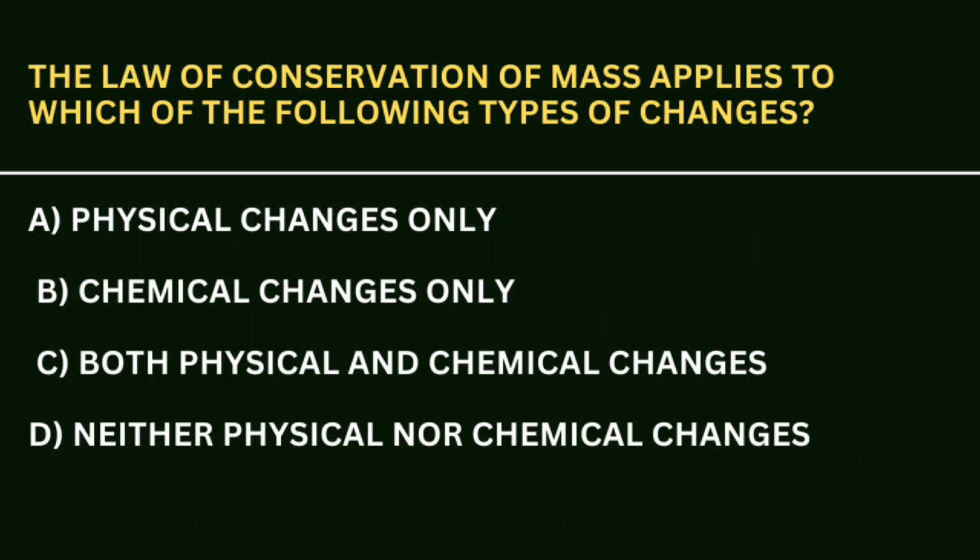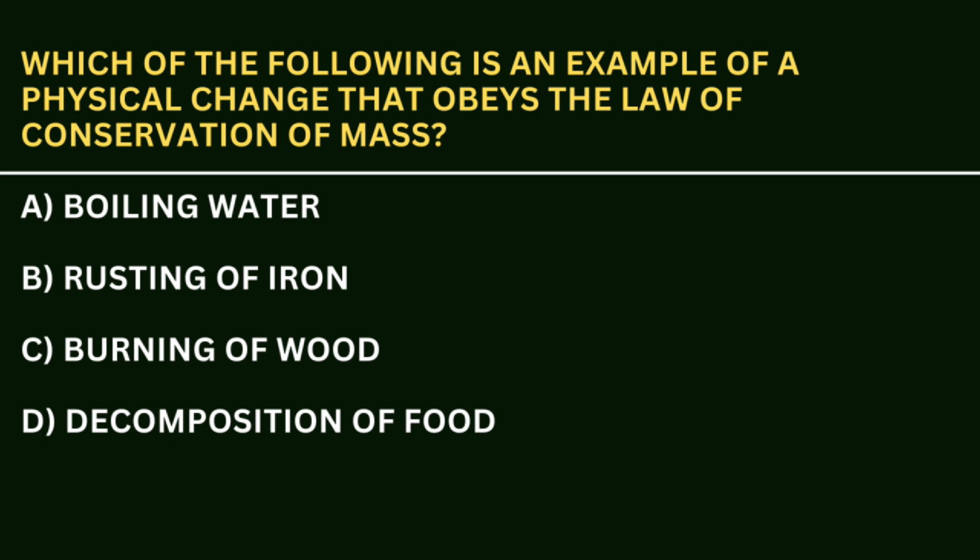The law of conservation of mass applies to which of the following types of changes? Option C, both physical and chemical changes. Which of the following is an example of a physical change that obeys the law of conservation of mass?